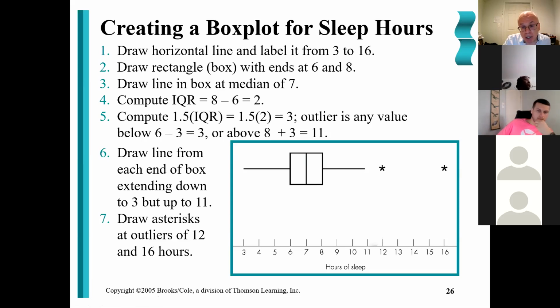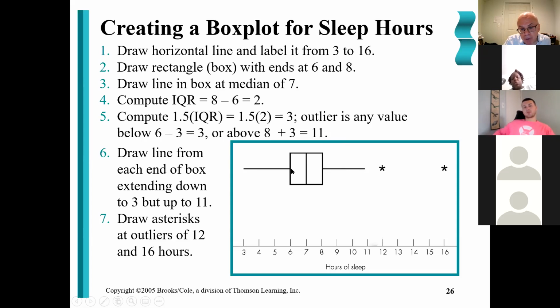And the way they're doing it is they're calculating how wide the box is, which is the IQR. That's how wide this box is. They're multiplying that by 1.5, and they're saying any numbers that are more than 1.5 IQR away from the right end of the box, or the upper quartile, is going to be an outlier. Any number that's bigger than 11 is an outlier.